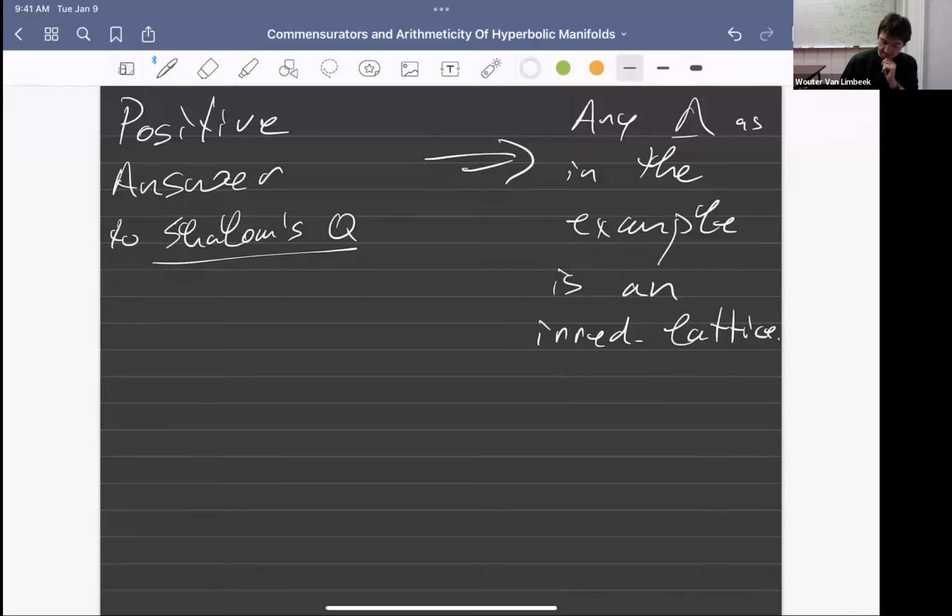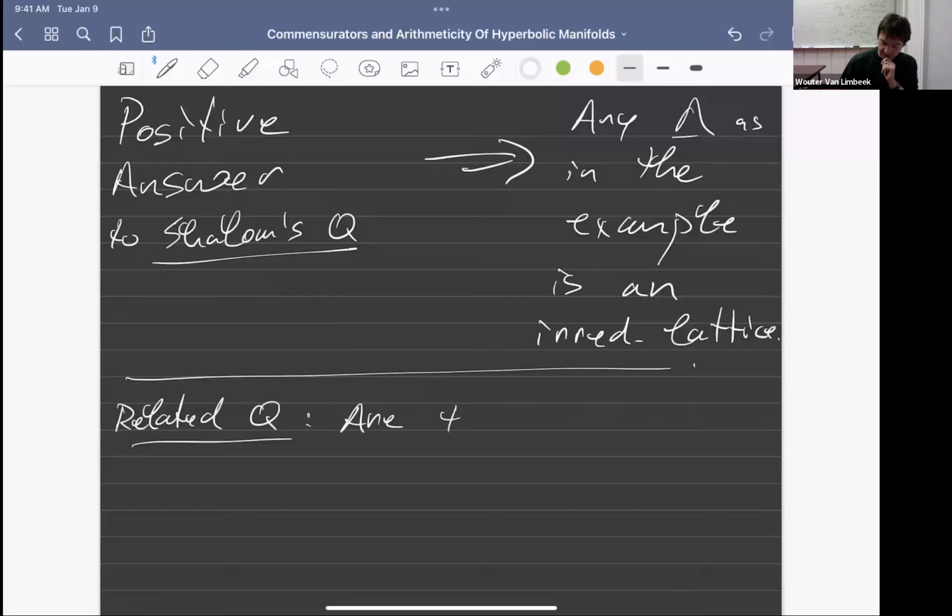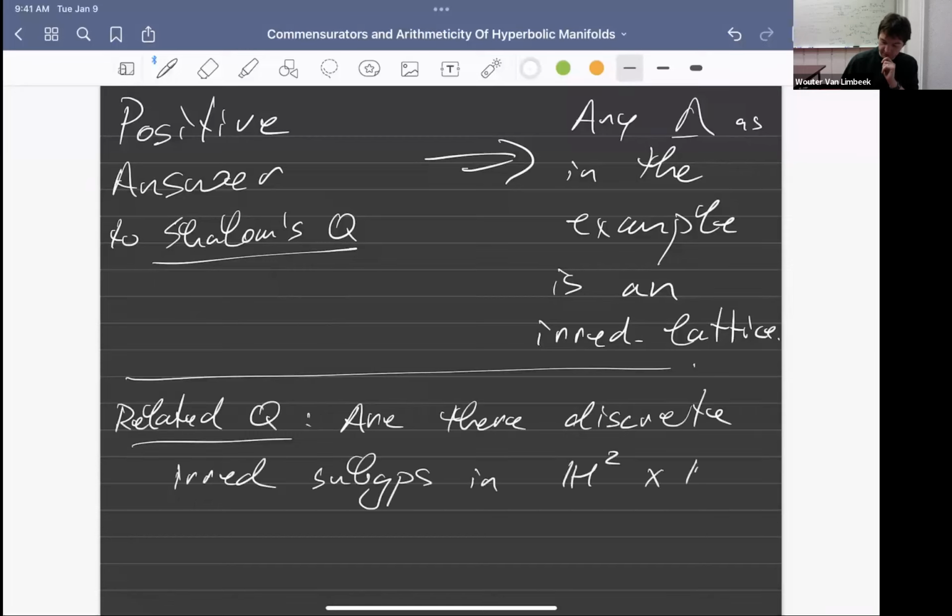And maybe a related question is, are there irreducible subgroups in, let's say, H2 cross H2, or acting on it?